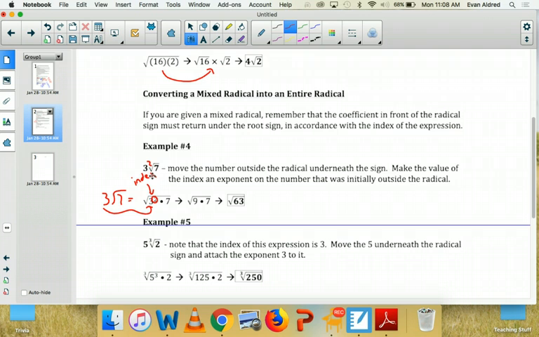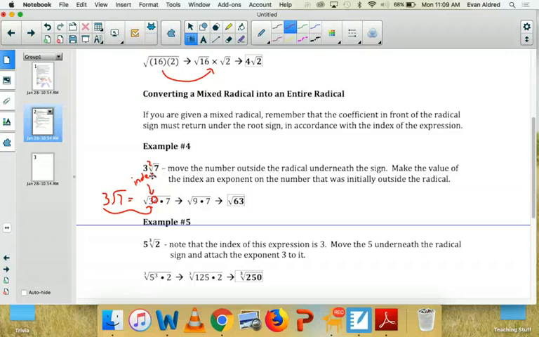So 3 with an exponent now of 2, 3 squared multiplied by 7. Well, 3 squared is 9, and 9 multiplied by 7 is 63. So our final answer here is square root of 63. That is 3 root 7 written as an entire radical.